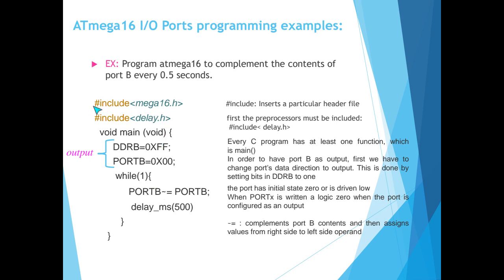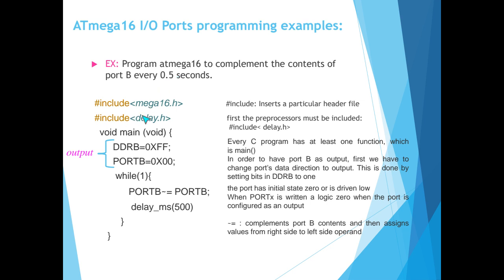We started with our preprocessor. We insert a particular header file related to our Mega16. Then, because we are using delay, we need to add the preprocessor related to the delay function.